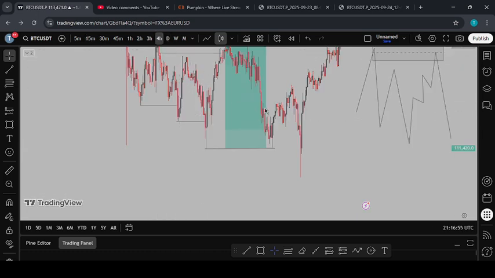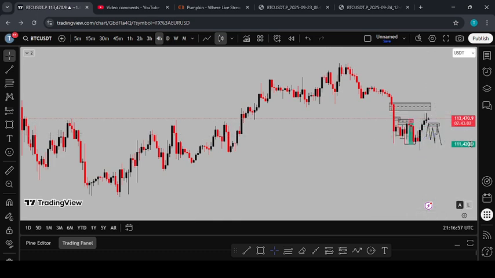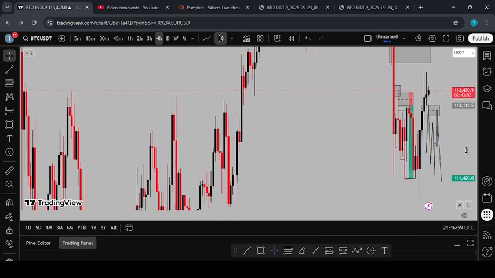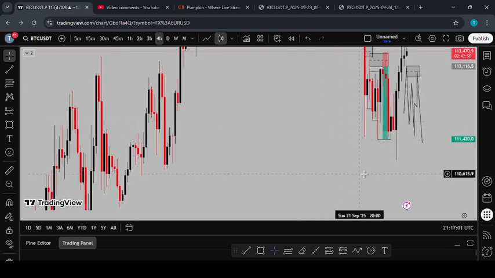So on the 4 hours time frame, if we refresh this very well, you could see there was a particular area where market was buying from. It was buying from this rejection here, and there was a rejection block along this area, or a 4 hours order block here.